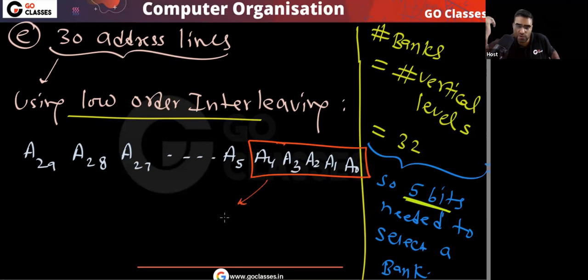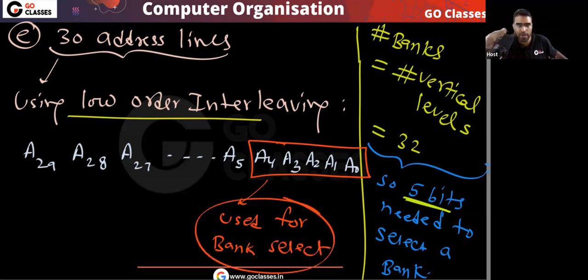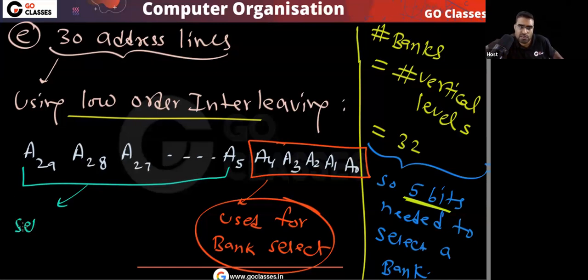So remember, these will be used for bank select. Using these you will select a bank. And what about the remaining? They will select the location within a chip.